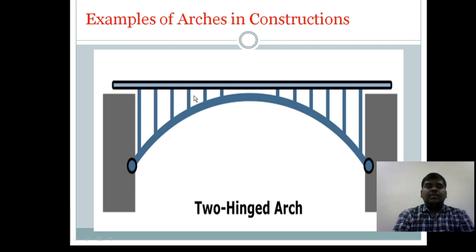So this might be a typical road or railway track construction across any river or valley. This blue figure is called an arch. Mainly it is a two hinged arch which is hinged to the abutments. Abutments are nothing but these two pillars. Abutments is the similar word which is used for bridge constructions.